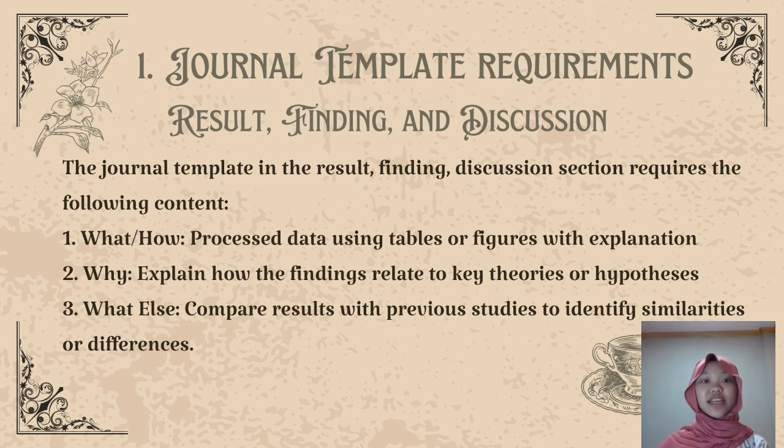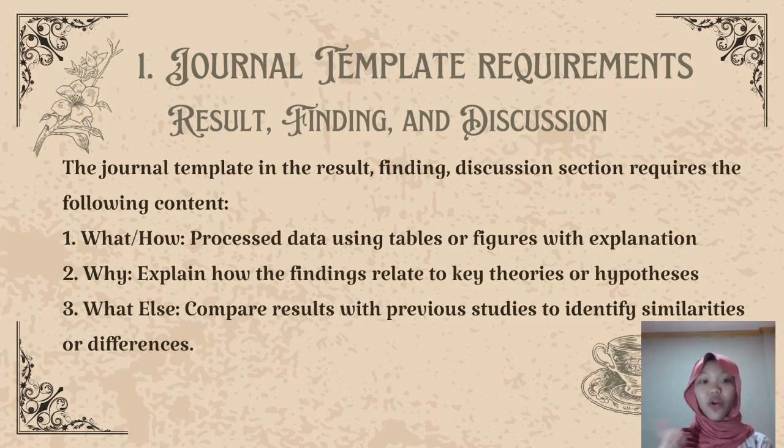Next one, we go back to the first part. 1. Journal template requirement for the result, finding, and discussion. The journal template in the result, finding, and discussion section requires the following content.